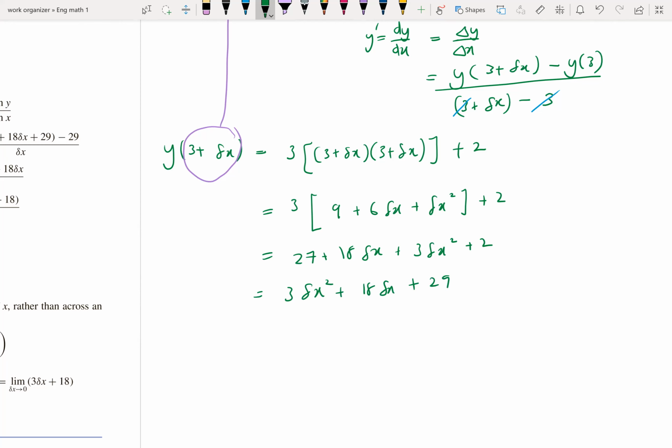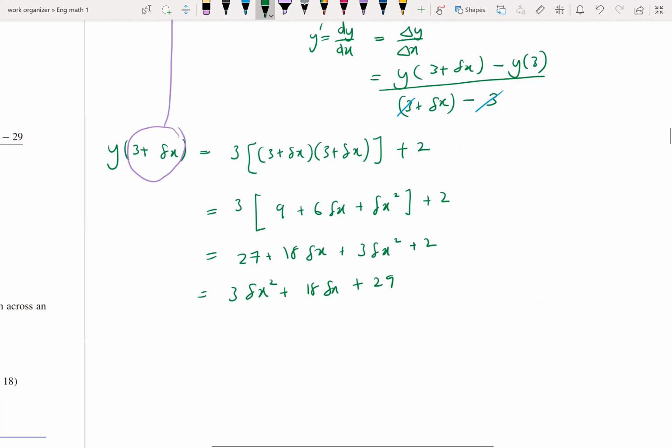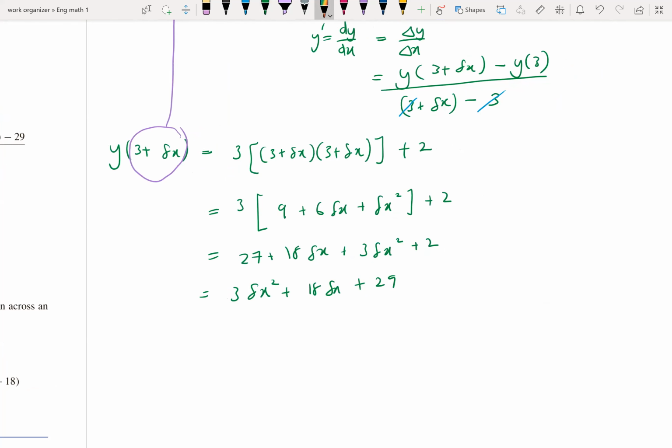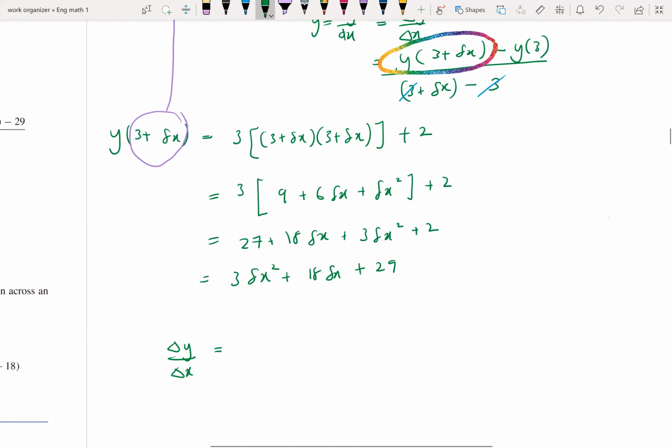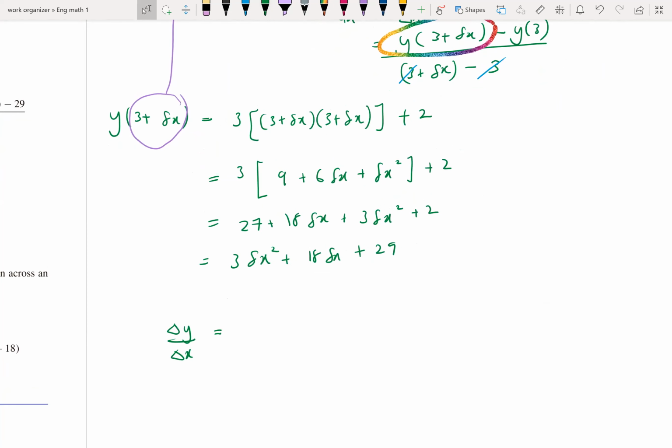Now we are going to put it into the equation here. So we put delta y over delta x is equal to 3 delta x squared plus 18 delta x plus 29.